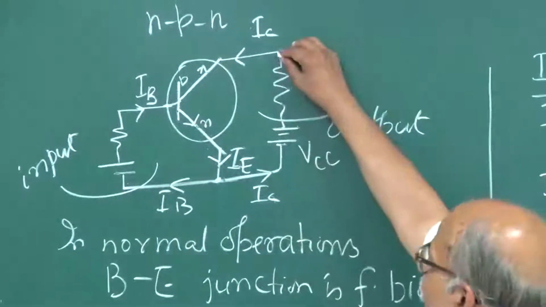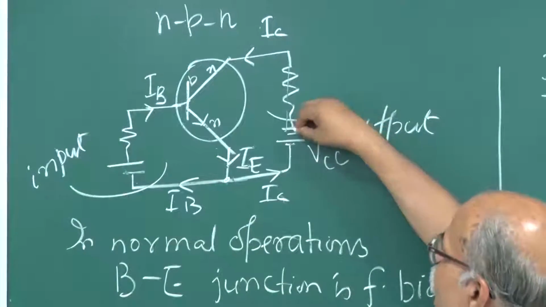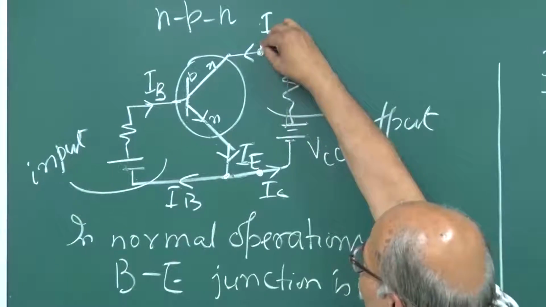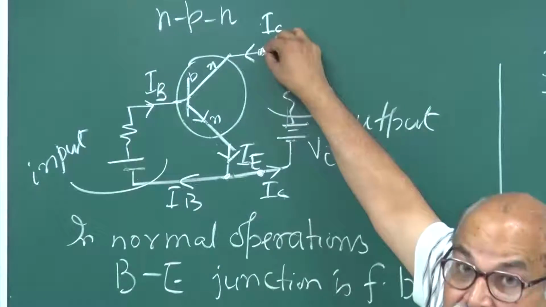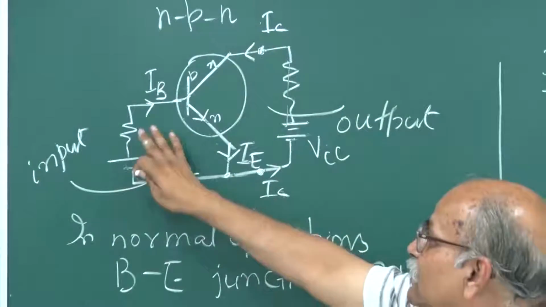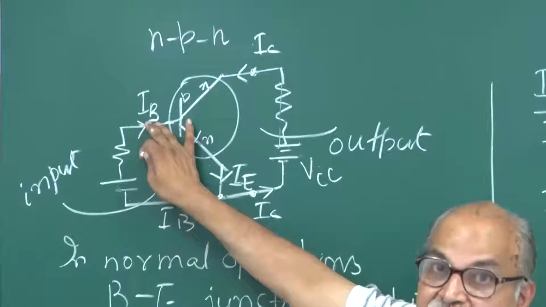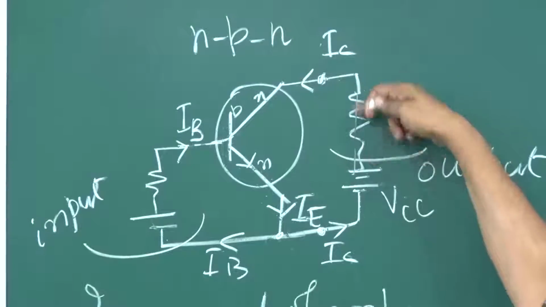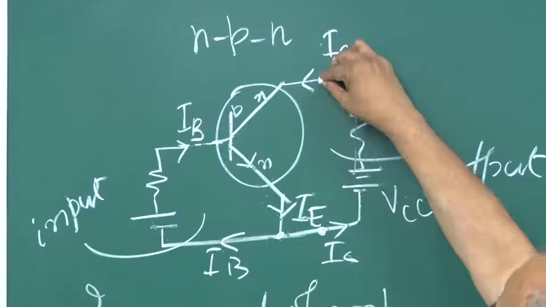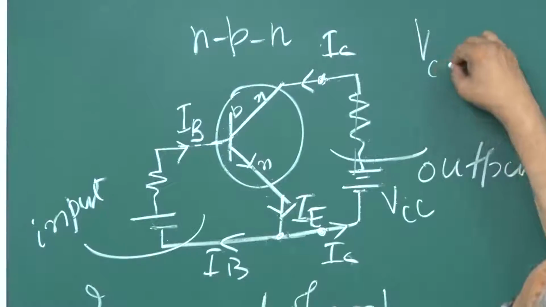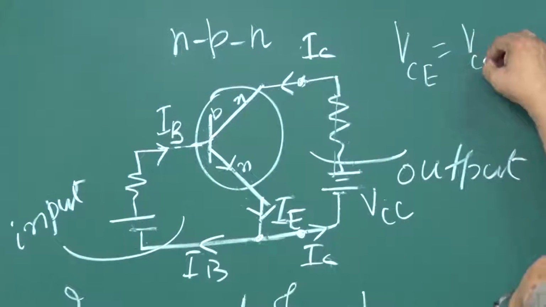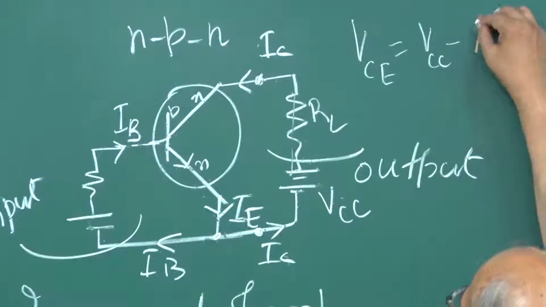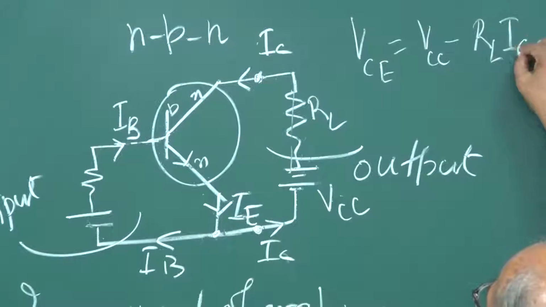So, if there is a current here, you have VCC, there is a voltage drop here. Finally, the voltage from here to here, this voltage may be small. If you have a good amount of IB, and suppose beta times IB is IC, so that much current is going through here. So, you do have a potential drop here. The potential between C and E, VCE, will be VCC minus, if you call it RL, minus RL times IC.